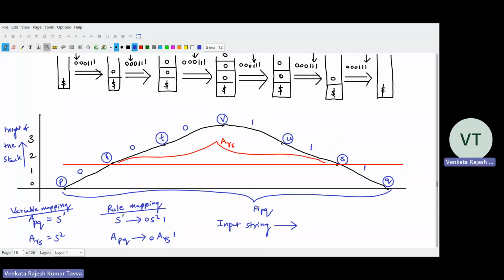You see, I gave you the grammar just so that you will understand what we are doing. Technically, I should not give you the grammar. Technically, I should just give you the language and this example and some rules like variables like APQ, ARS, and a rule like APQ goes to 0 ARS 1. But the reason I gave you the grammar is so that you can compare it with the grammar which we are building, to see that the grammar which we are building is mapping onto the actual grammar.